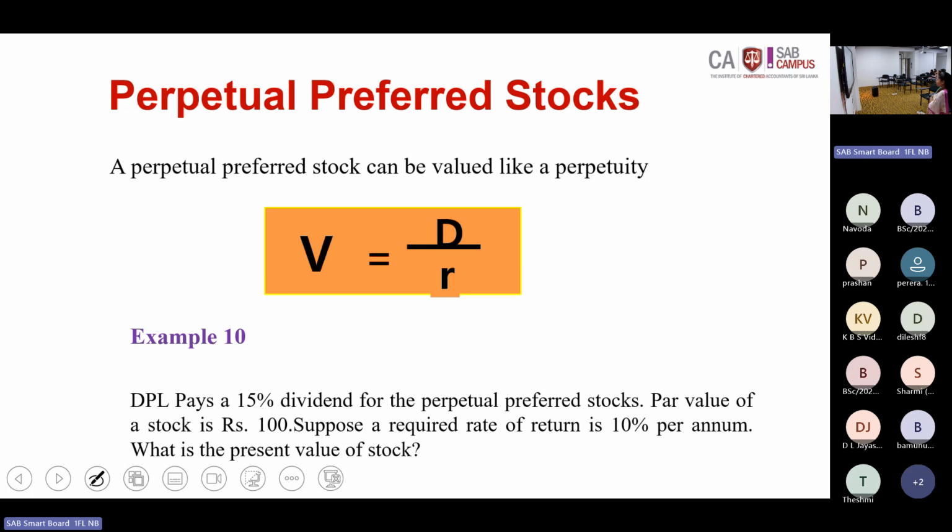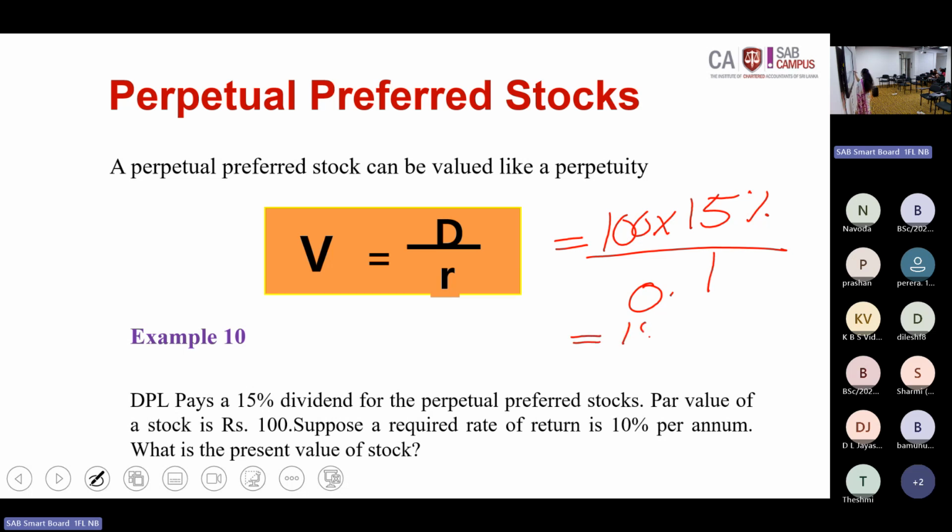Suppose that the required rate of return is 10%. What's the present value of the stock? How can you calculate it? Dividend divided by the required rate of return. How can you calculate the dividend? 100 multiplied by 15%, divided by 0.1. That means 15 divided by 0.1. That gives us 150.